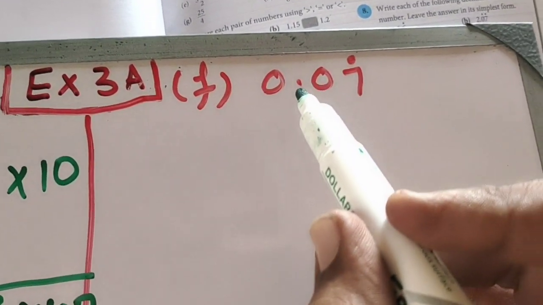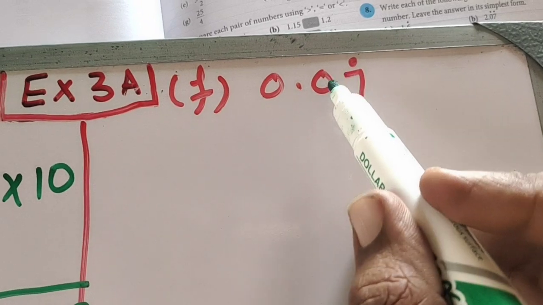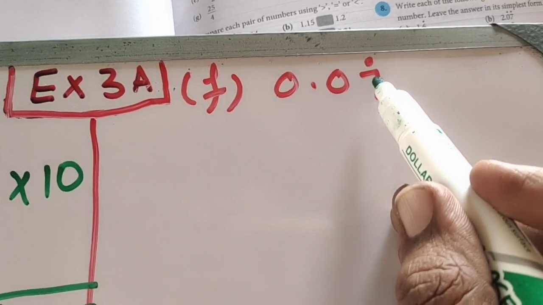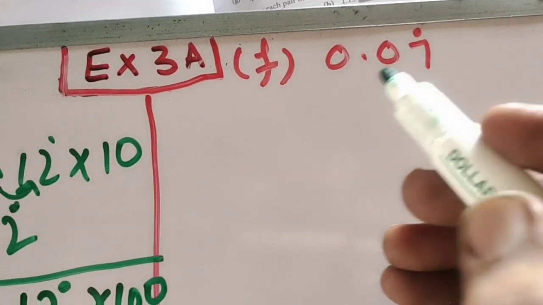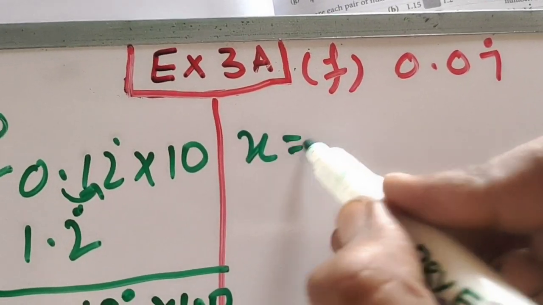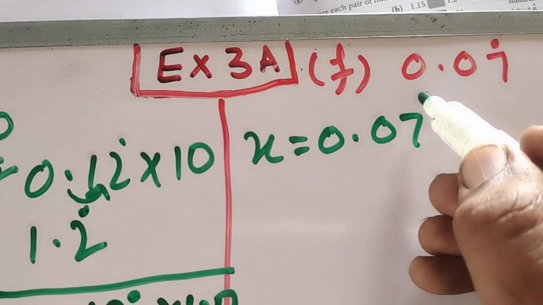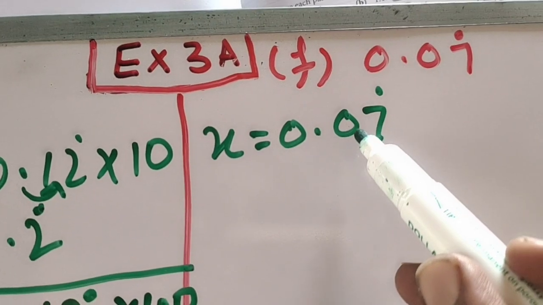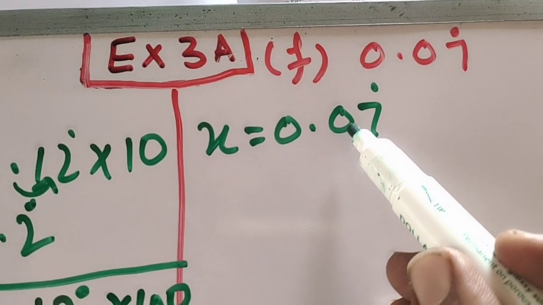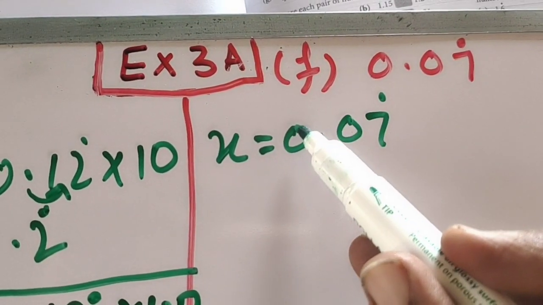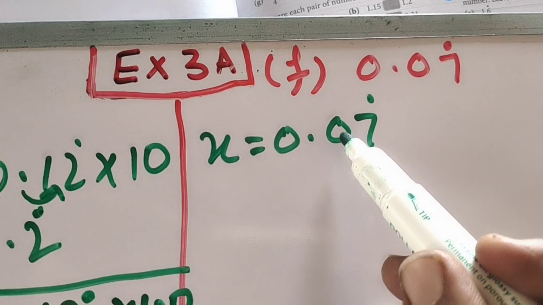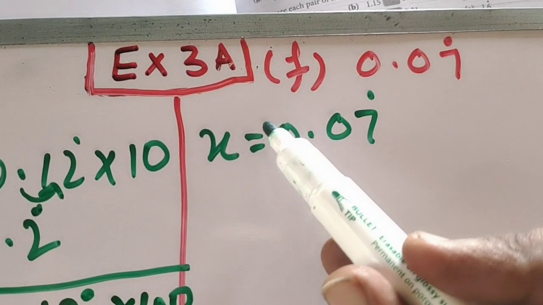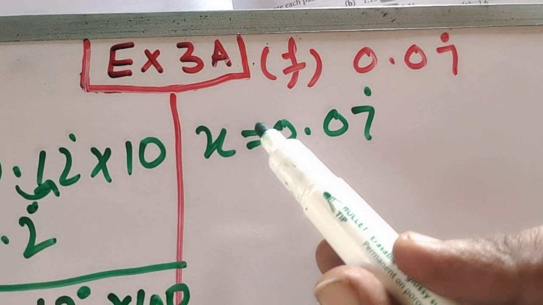In part F, again it's 0.07 dot. The 0 is not repeating, but the 7 is repeating because the dot is on the 7. So we'll suppose x is equal to 0.07 dot. As I already mentioned in the last part, first we will move the non-repeating number to the left of the decimal, and then we will move the repeating number as well.